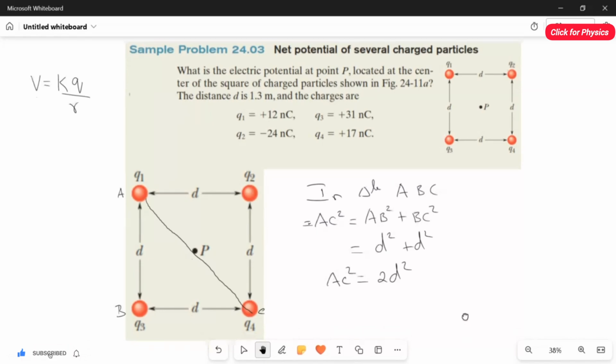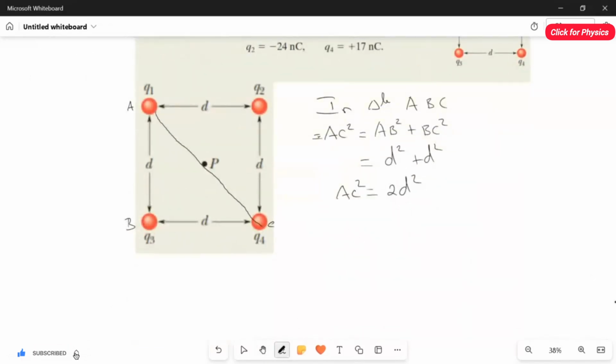If you take the square root on both sides, AC is equal to d root 2. Here AC is the diagonal. And if you want to find the distance of the charge to the point P, the half of the diagonal is nothing but R for each charge.